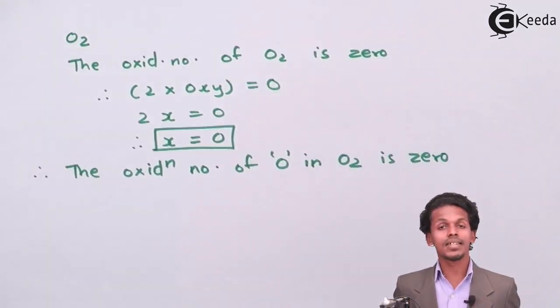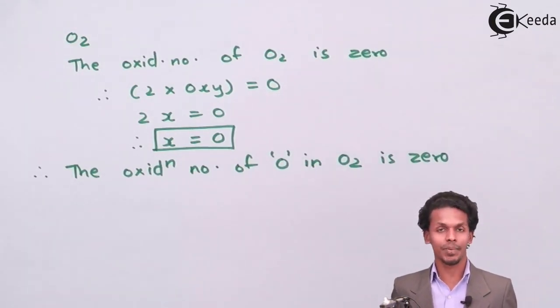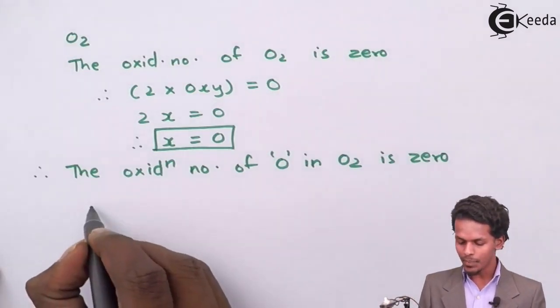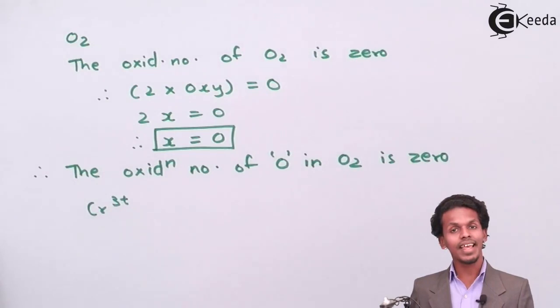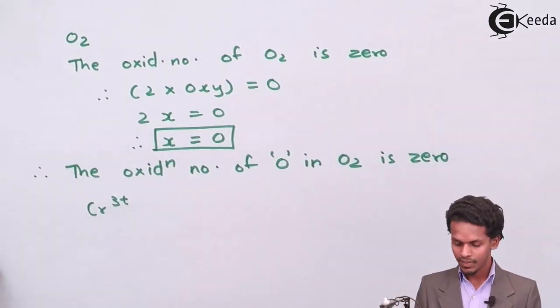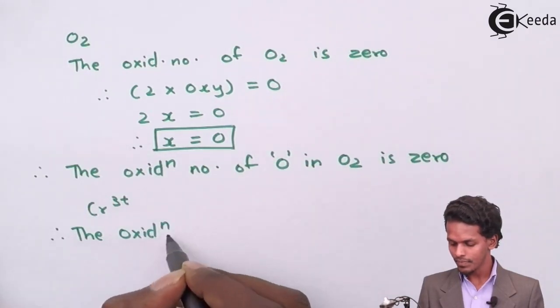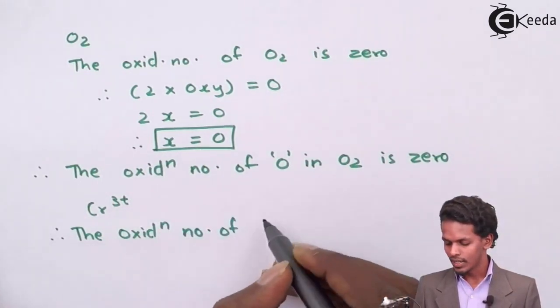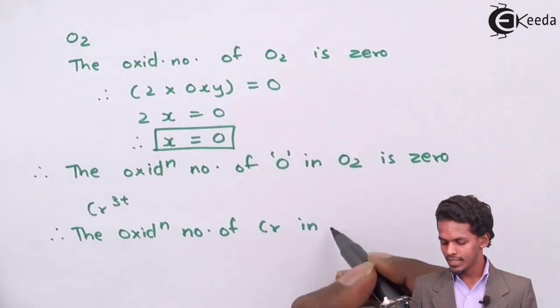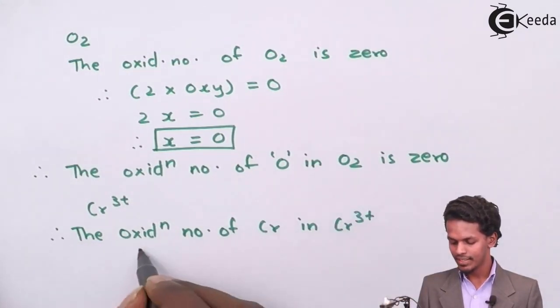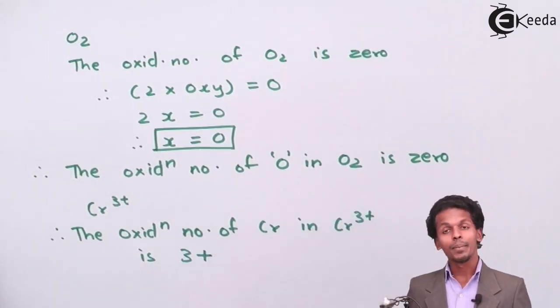The oxidation number of the next product, that is Cr3 plus, is also mentioned in the reaction. So we can write the oxidation number of Cr3 plus directly as 3 plus. Therefore the oxidation number of chromium in Cr3 plus is 3 plus.